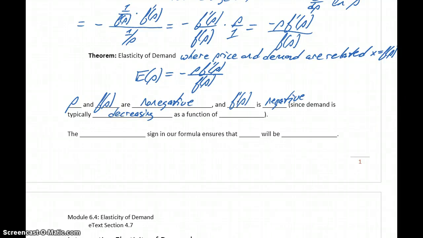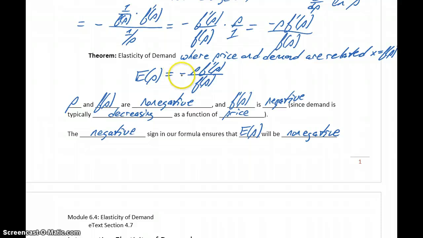So since the rate of change of our demand function is decreasing, that's always going to come back with a negative value. So it's always decreasing as a function of price. So we have that negative sign out front, ensuring that E of p will always be a non-negative value.